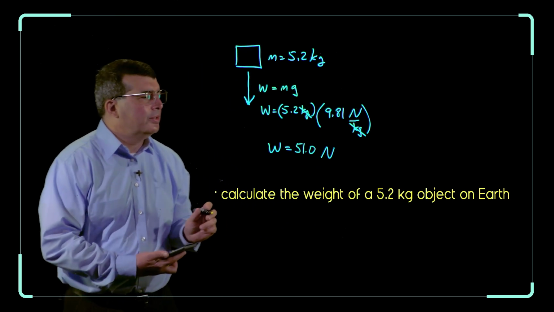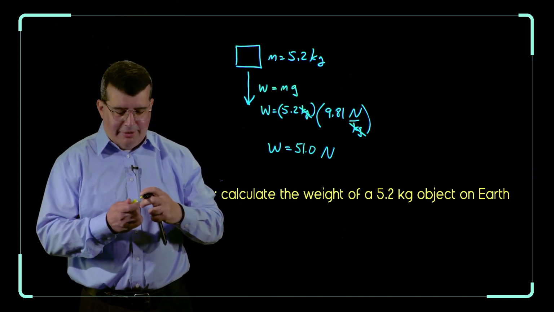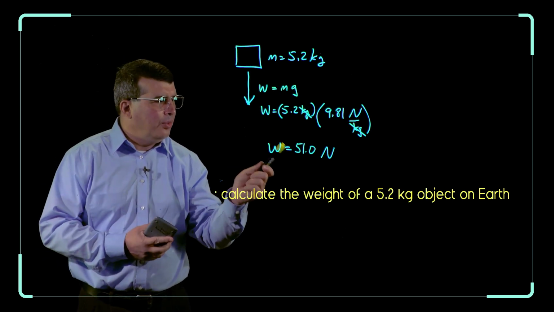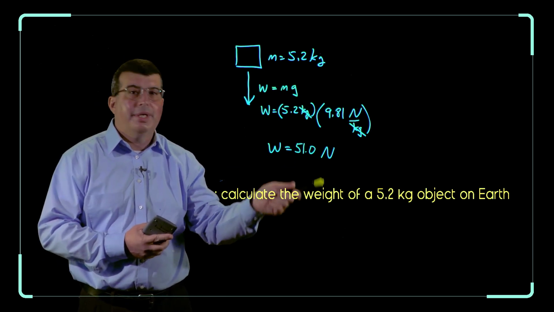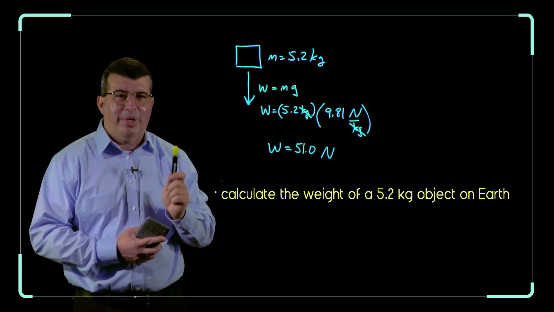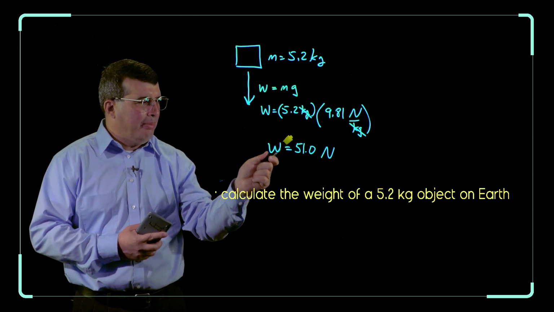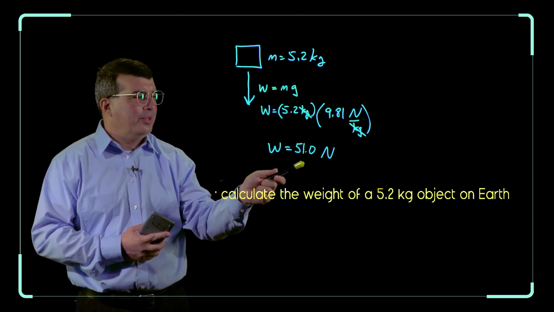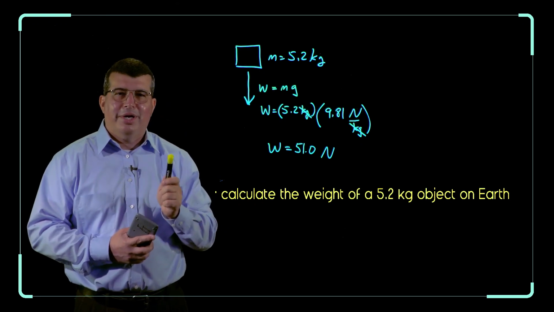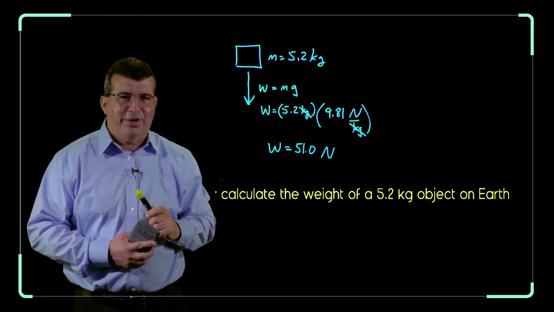So the weight of a 5.2 kilogram object on Earth is 51.0 newtons downward. We have to say downward because weight is a vector, so it has both an amount of 51.0 newtons and a direction of downwards, because weight defines what downward is.